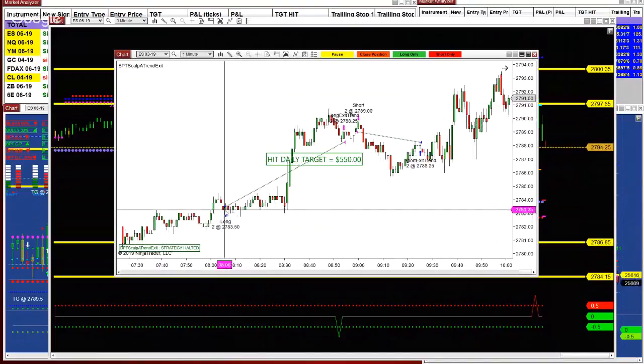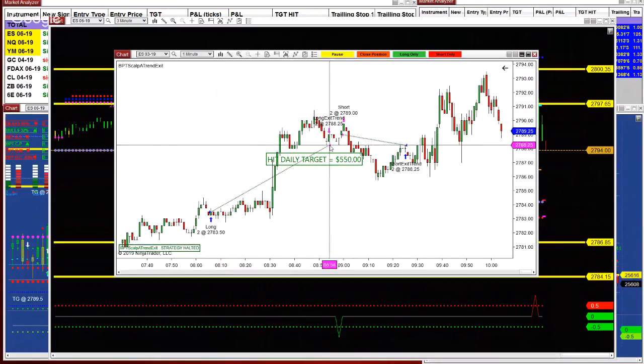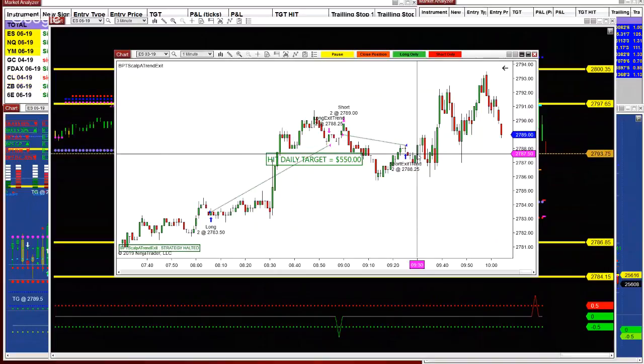So on the ES, we started the ES at 8 o'clock. The first trade was taken at 8:06 precisely, and then we exited the first trade, and then we took a short, and two trades were done with 550.